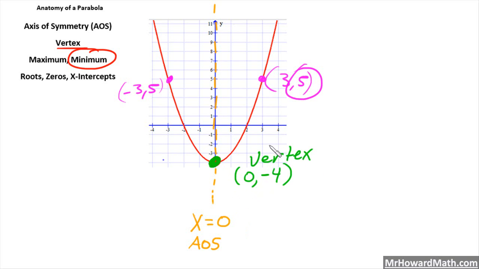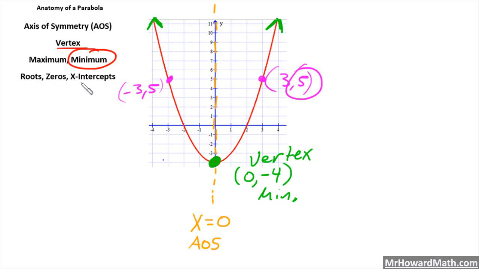Vertex, and it is a minimum. We'll abbreviate min. So notice that's the lowest point. That's the lowest y value that this parabola will ever have. We should draw arrowheads on the end of this because this goes on forever. This side drifts left and up. This side drifts right and up infinitely.